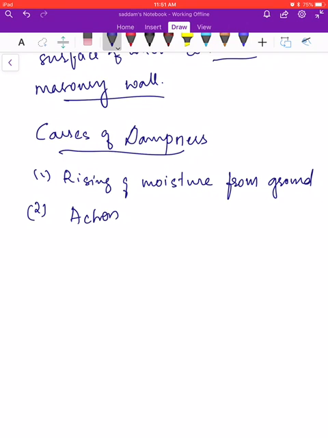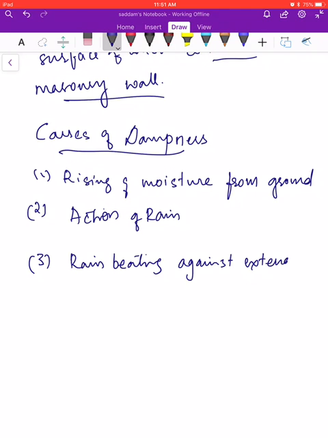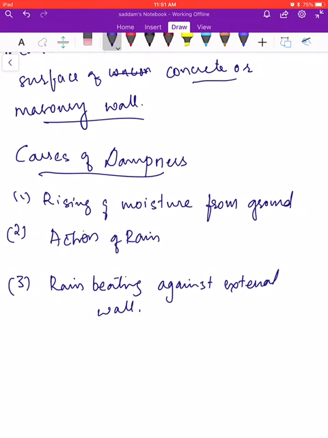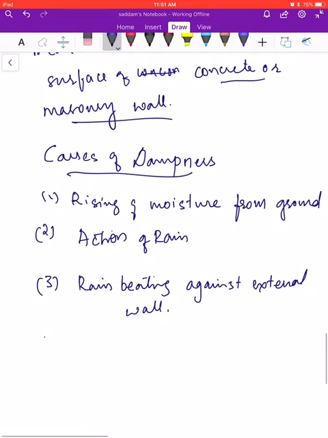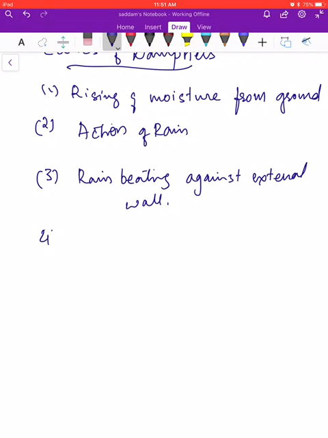If the surface is exposed to rain, then we have action of rain. Okay, third is rain beating against external wall, condensation. Fourth cause is condensation.